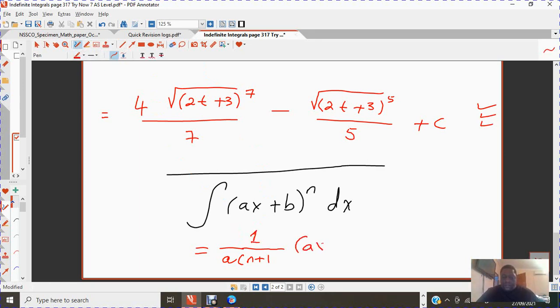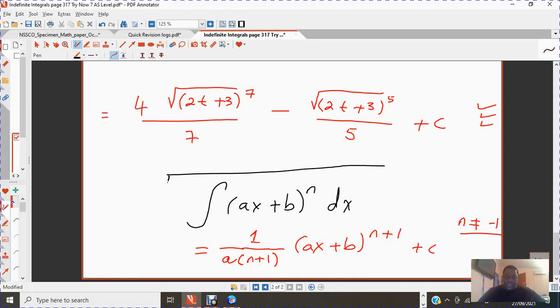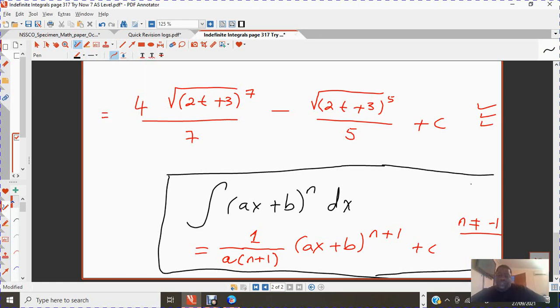Then it's ax plus b to the power n plus 1, plus the constant of integration, and n cannot equal -1, because if that is the case, you will have something that cannot be divided by 0. Once you know this rule, you will be fine. You should have no problem solving questions of this nature. Make sure that you understand and do enough exercises in order to be able to solve such questions.